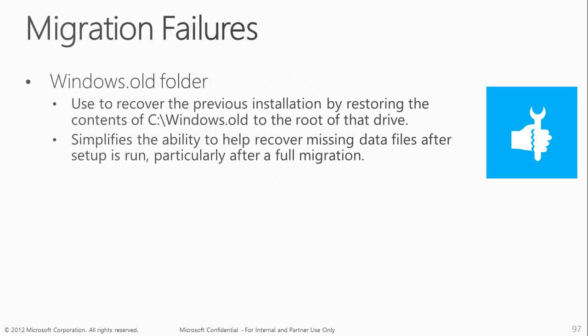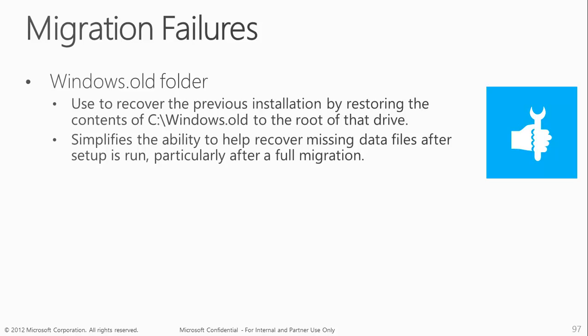Alright. The next thing we talked through was migration failures. So if a customer reports that Windows 8 setup didn't preserve file settings or apps as they thought it should, you can use the windows.old folder as a source for information and recovery. You can do this to a much greater degree than with Windows 7 due to the increased usage of windows.old in Windows 8.